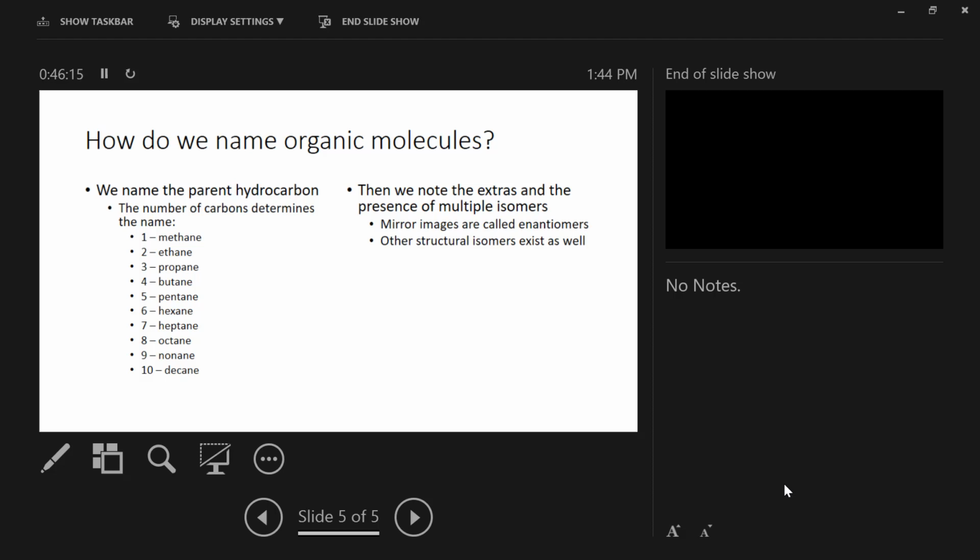And so I want to real quick give you an example of the structural isomer that we've already seen so far. You don't need to write this down, I just want you to appreciate the structural isomer. Here's our formula, C3H6.